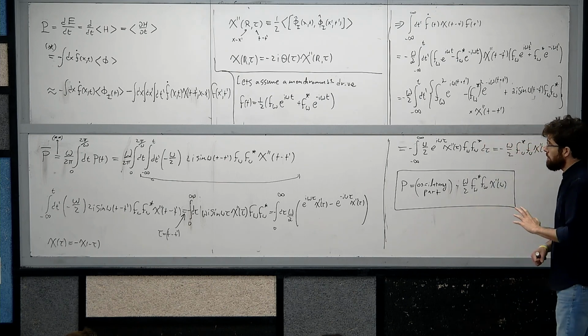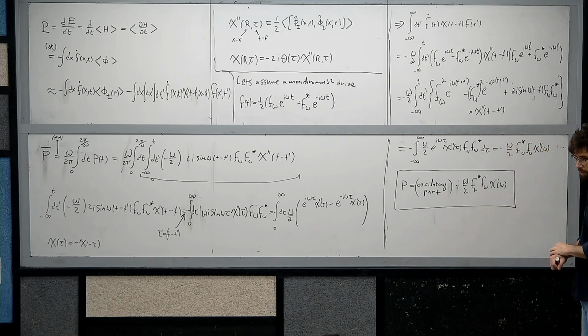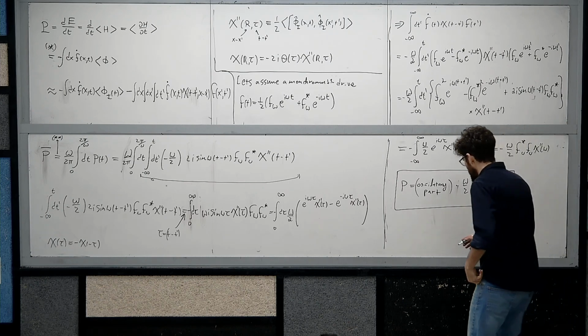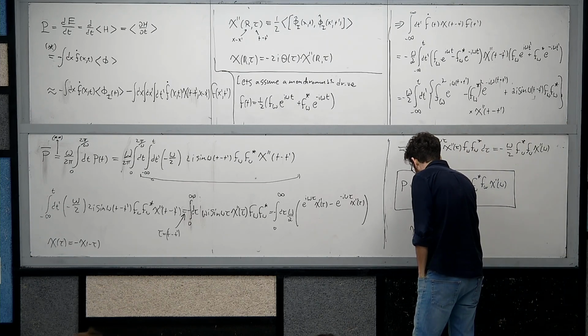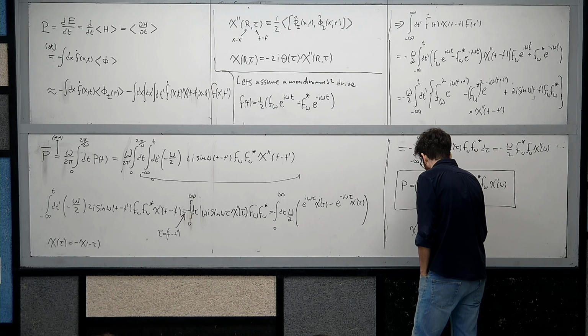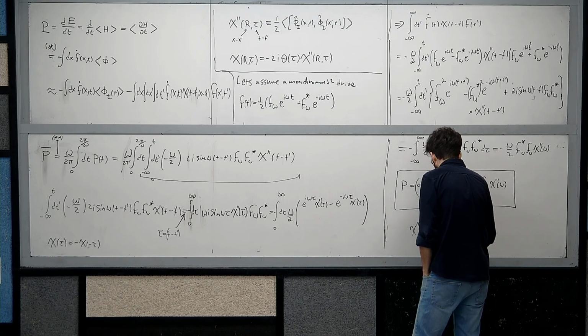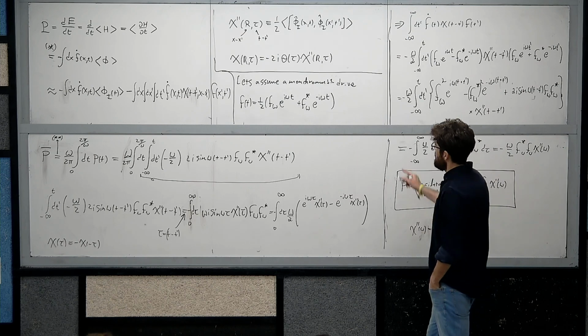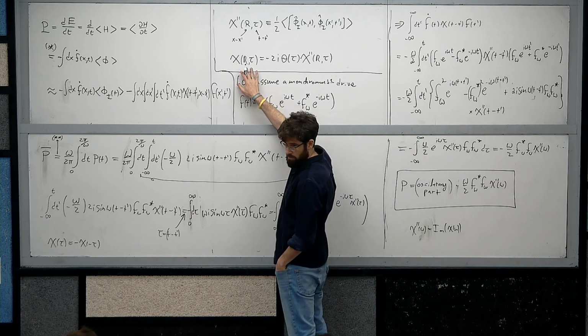And in a moment, we'll see that chi double prime is, in fact, the imaginary part of chi of omega. Okay, so basically what I want to argue is that chi double prime, in frequency space, and this is important, is the imaginary part of chi of omega, where chi of omega is the Fourier transform of this guy.